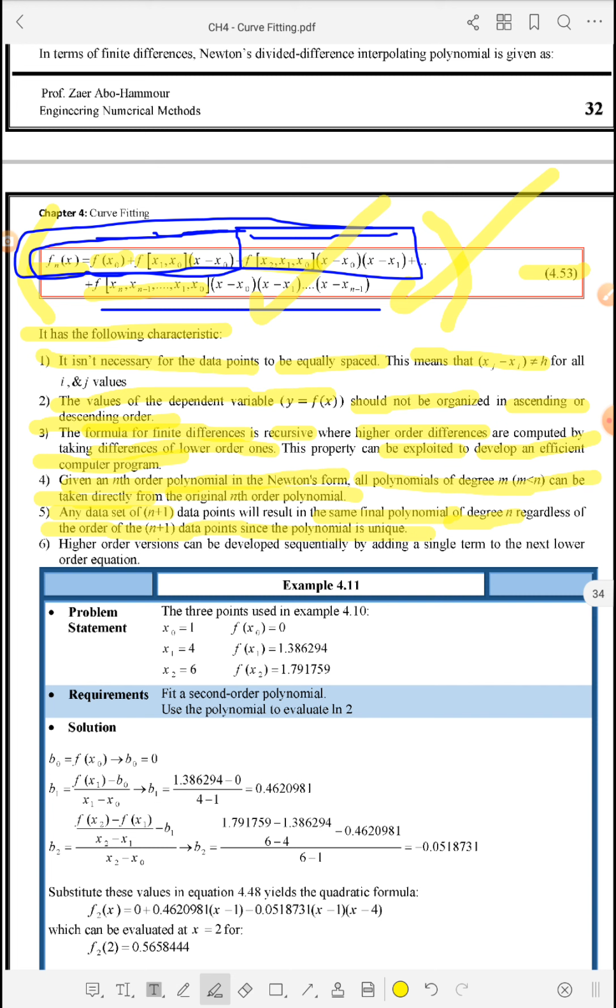And the final feature is that higher order versions of the polynomial can be developed by adding only a single term to the next or lower order.